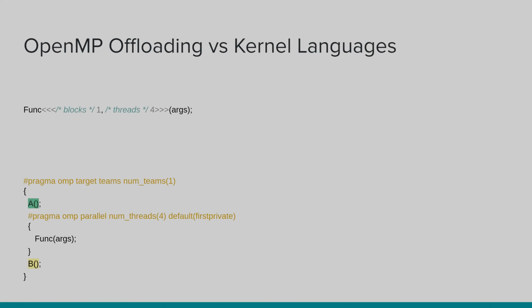At the top, you see how you start a kernel in one of the popular kernel languages, where func is the function that you start. You start it with 1 block and 4 threads in the arguments. On the bottom, you see pretty much the same code, except that you also execute this A and this B in between, before and after the func function.